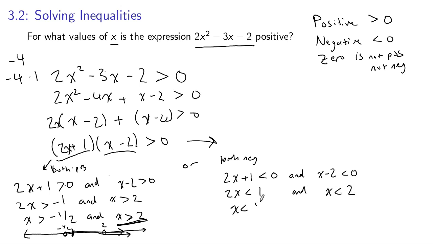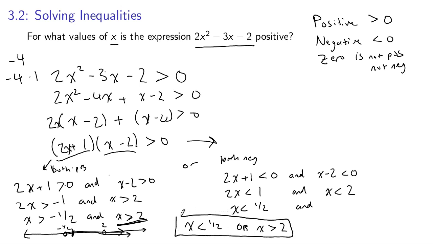So x is less than 1/2, and x is less than 2. Here the x is less than 2 is superfluous, so we have x is less than 1/2. So here we have two disjoint parts of the number line. Our answer is x could be less than 1/2, or x can be bigger than 2. All those values on the number line, less than 1/2 or greater than 2, will make this expression positive.